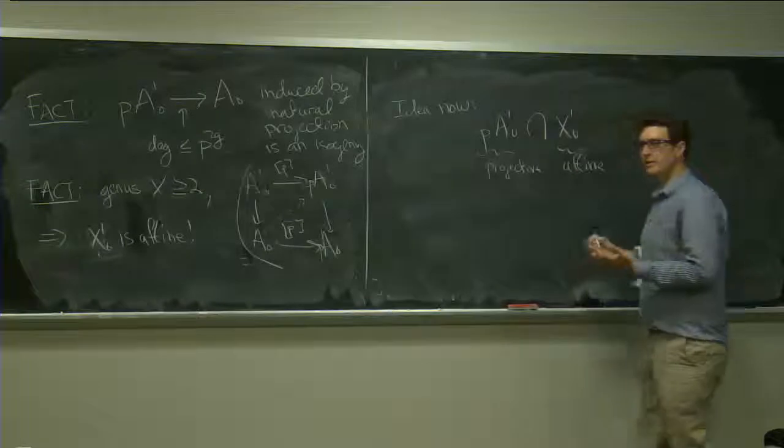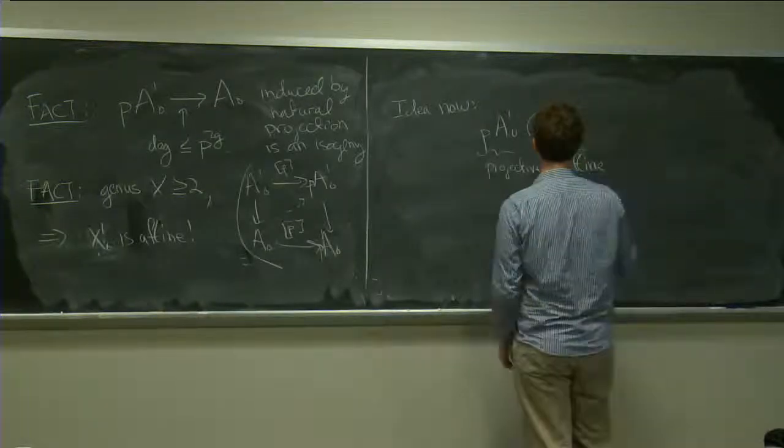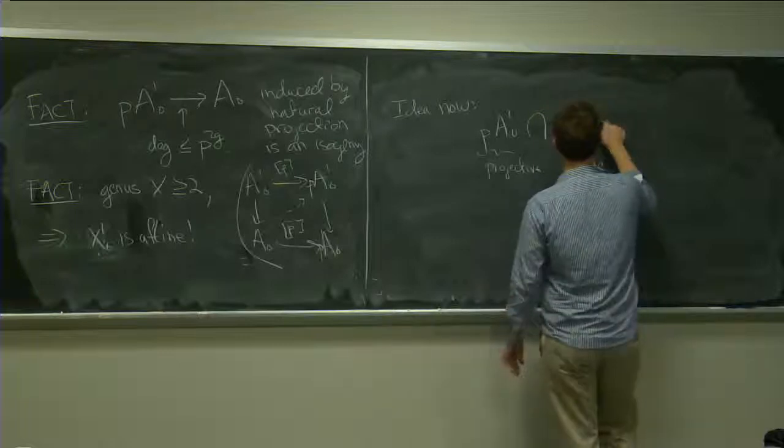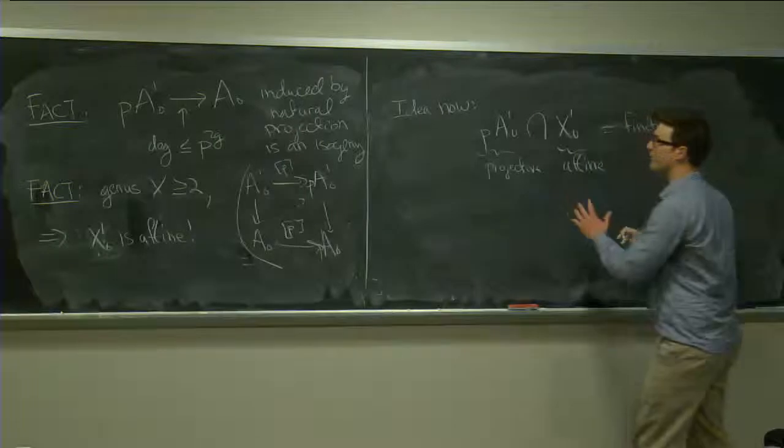If you have a projective variety which is also affine, it must be a point, or a union of points. Okay, so this is finite. This is both projective and affine.